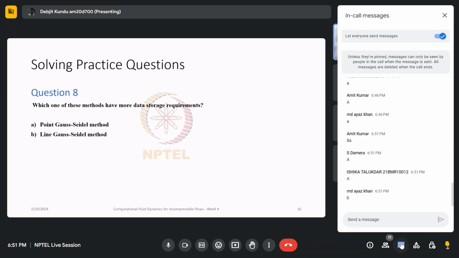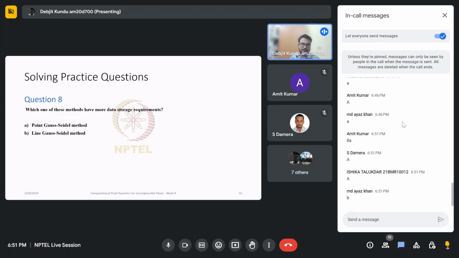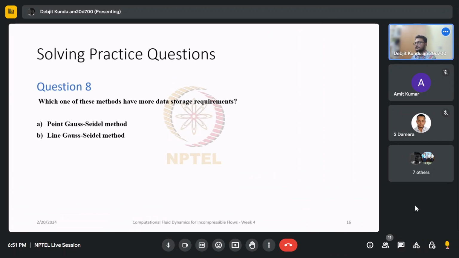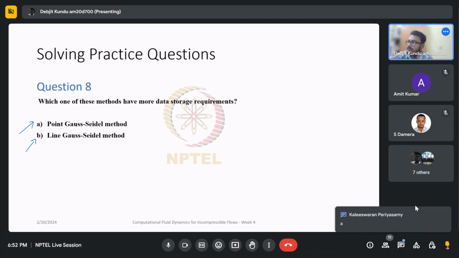Okay, we have a few quick responses. Most of them in favor of option A and one of them in favor of option B, the line Gauss-Seidel. So we have a divided crowd. Let's see if anyone else has anything to say. Think about this carefully.